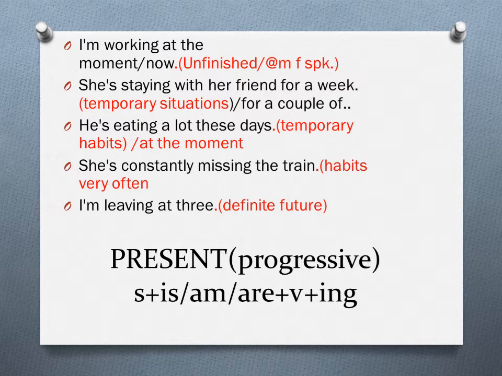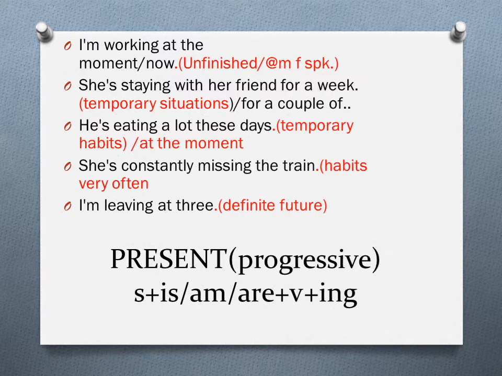Third example, he is eating a lot these days. It is a habit, but only a temporary habit at the moment or these days. So we use there subject plus is plus verb plus ing. It comes under present progressive.